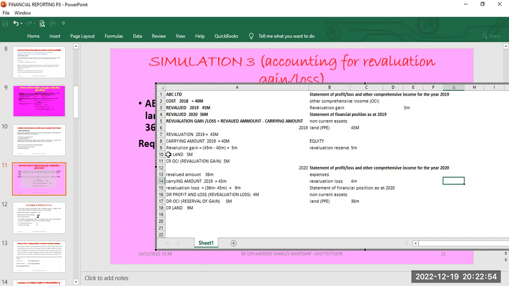Maybe even these double entries, I highlighted them because they are very important. Don't ever forget. If you can do this, then you'll be able to put them there because you'll be earning some marks for them.